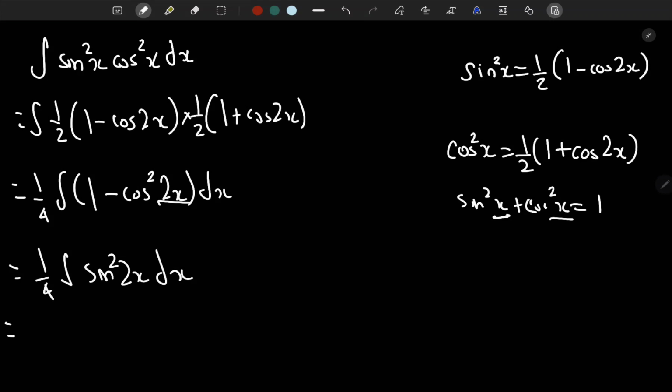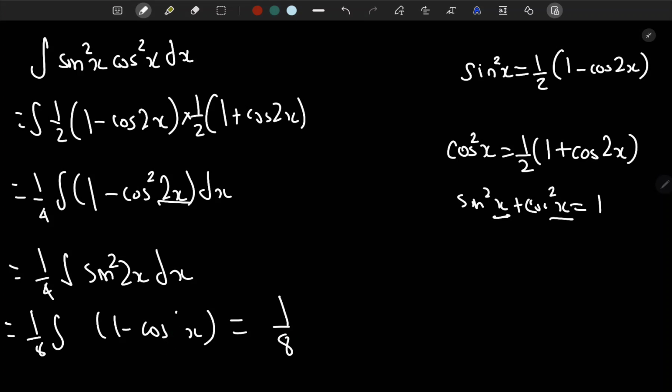Now again we need to use the power reducing formula, which is this one, and it will be equal to 1 over 4 integral of half 1 minus cosine 2x. We can take 1 over 2 outside, so it's going to become 1 over 8. And now we can finally integrate this and it's equal to 1 over 8. I made a small mistake here.